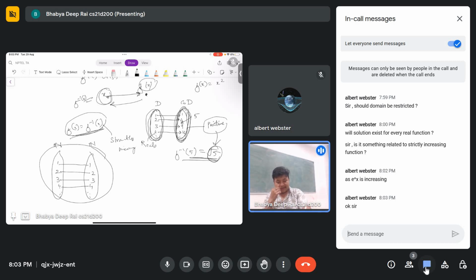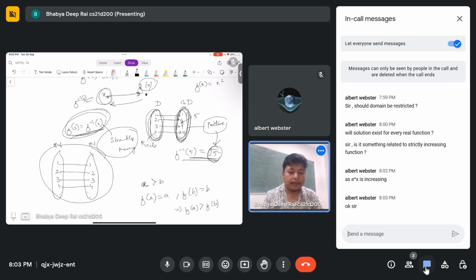Because if a is greater than b, then f of a is nothing but a, and f of b is nothing but b, which implies f of a is greater than f of b. So if you have such a function, then it is strictly increasing. But the other way around, I don't know.